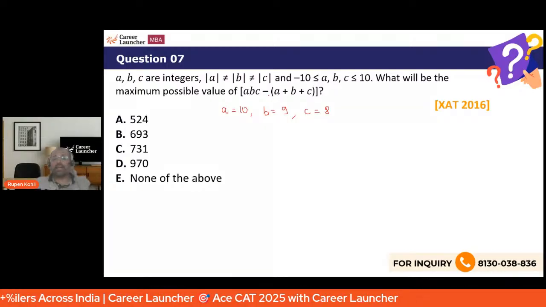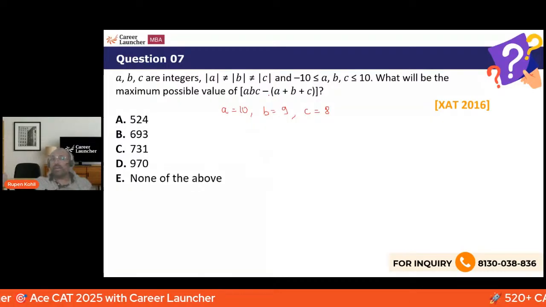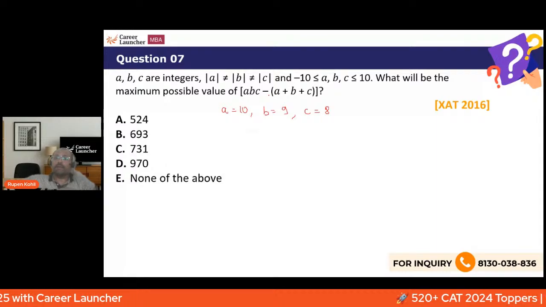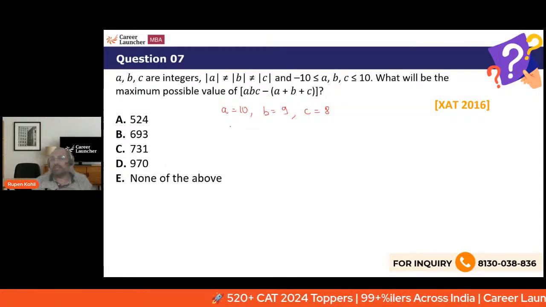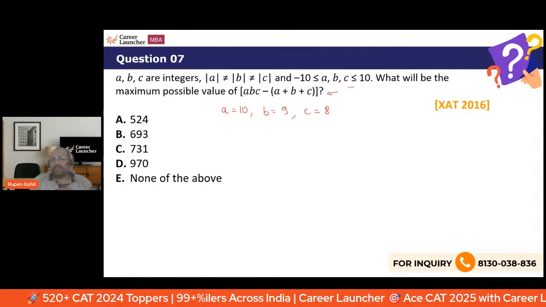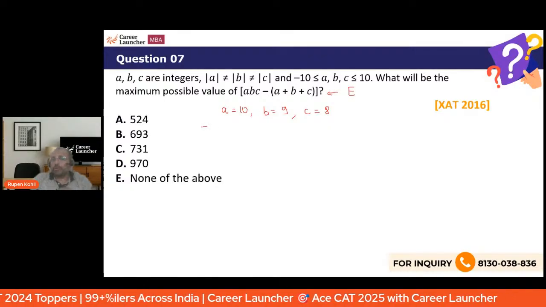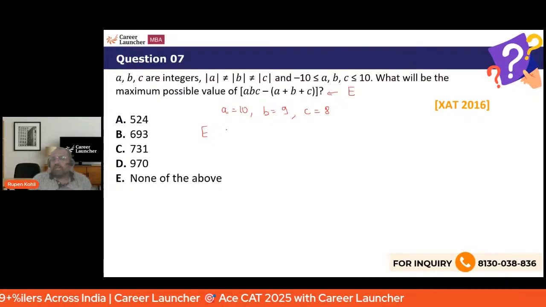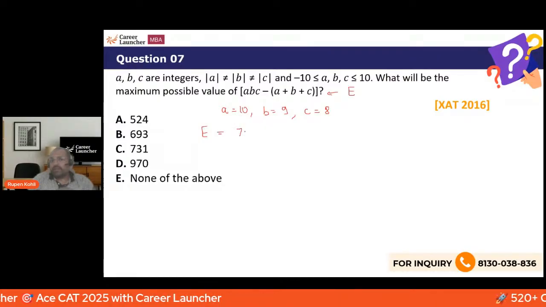You want to take high magnitude of variables, and you must. Only then A into B into C will be high. But then again, you're subtracting the sum. Again, you're subtracting a high value. Can you do something better than this? By the way, just call this expression E, and one thought could be, okay, E takes the value of 10 into 9 into 8, which is 720.